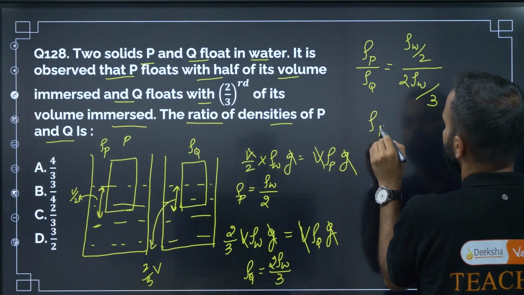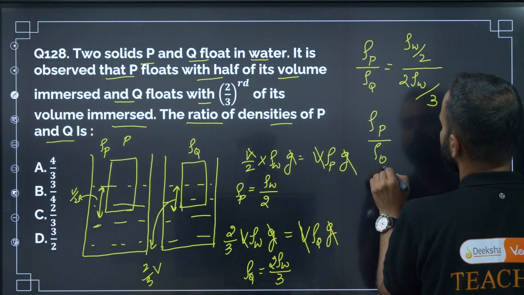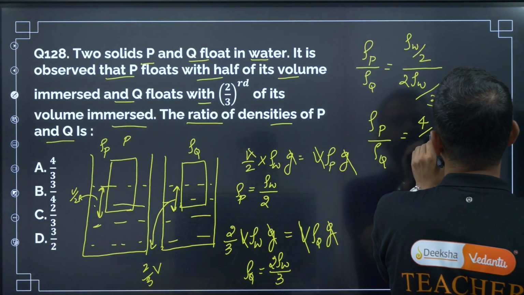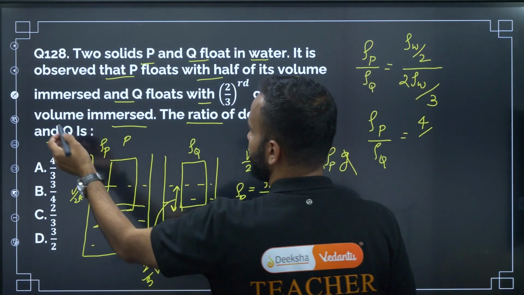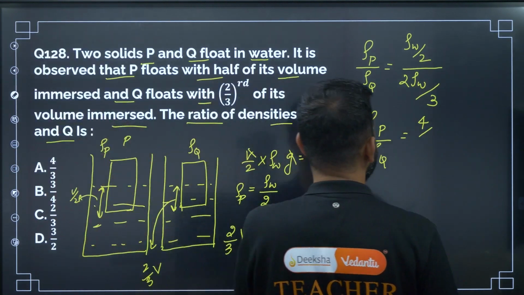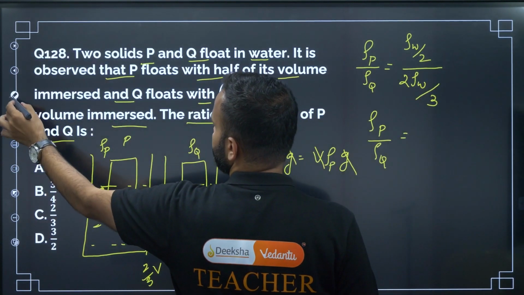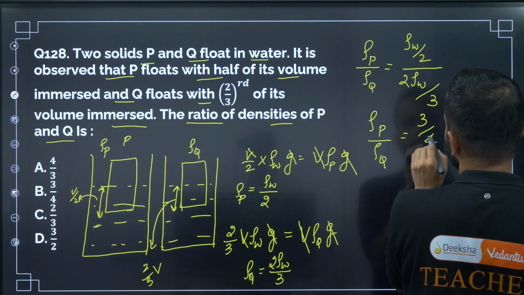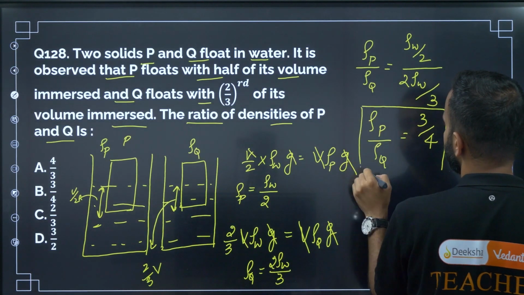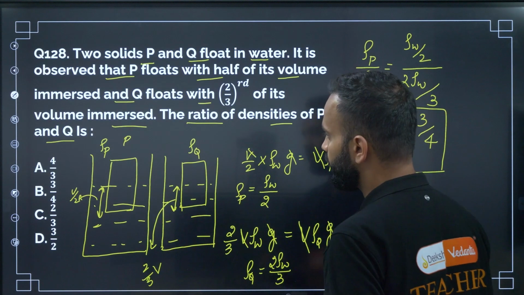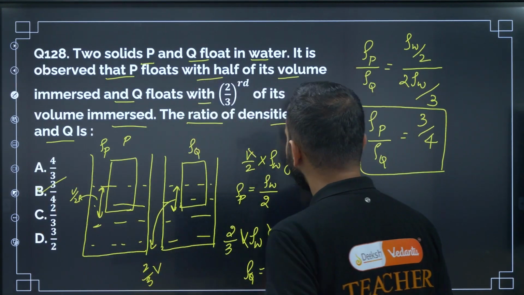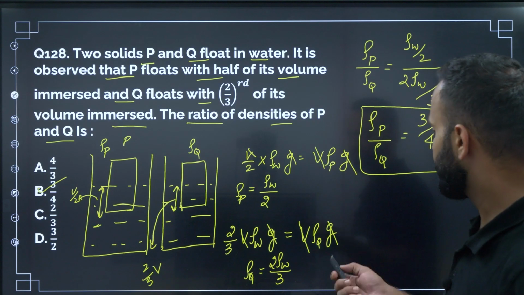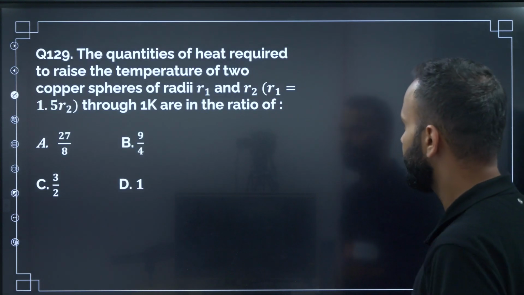So now rho P divided by rho Q is equal to, sorry, this will be 3 divided by 4, right? 3 by 4. Okay, so this is the ratio of densities of P and Q. So the correct option is B. Okay, 3 by 4. Yeah, next question, question number 129.